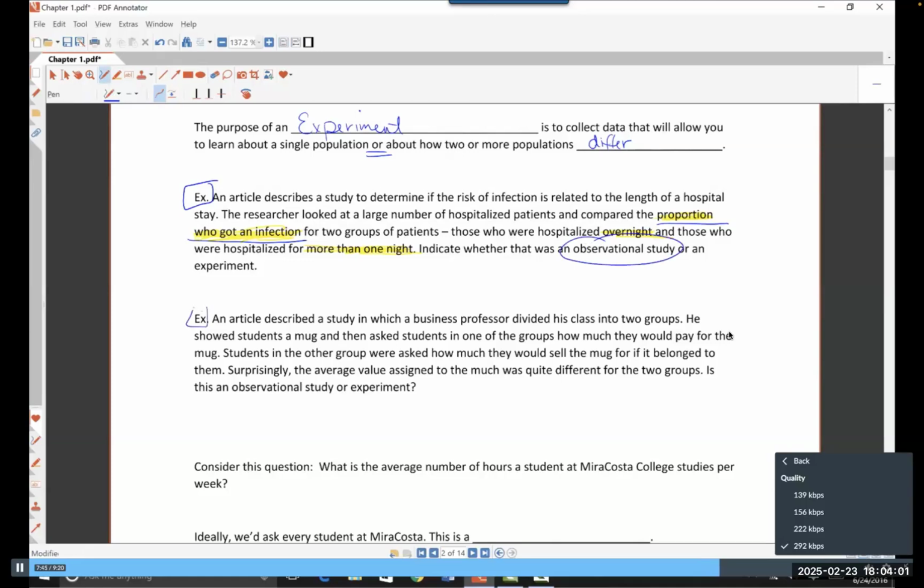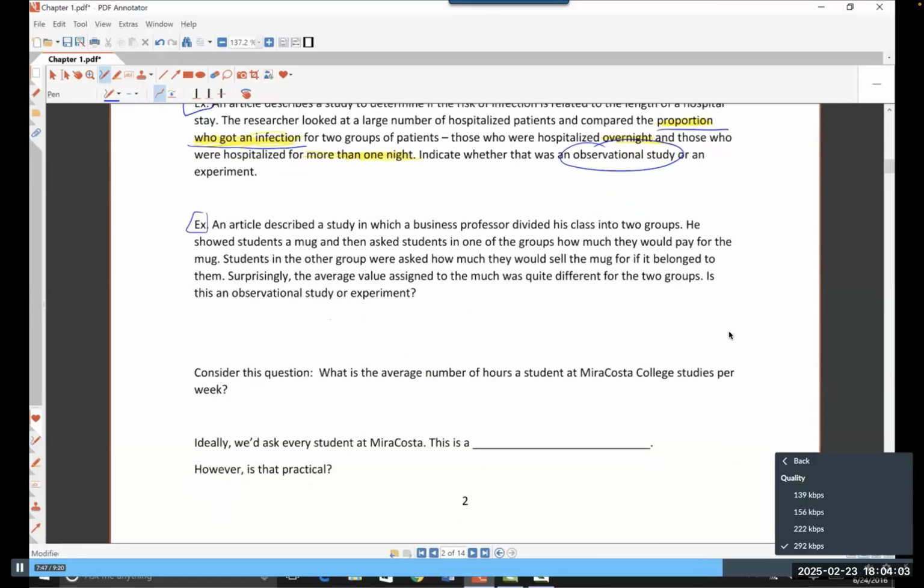In the second example, an article described a study in which a business professor divided his students into two groups. He showed students a mug and then asked students in one group how much they would pay for the mug.